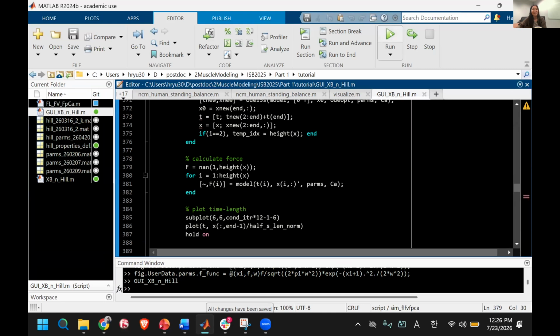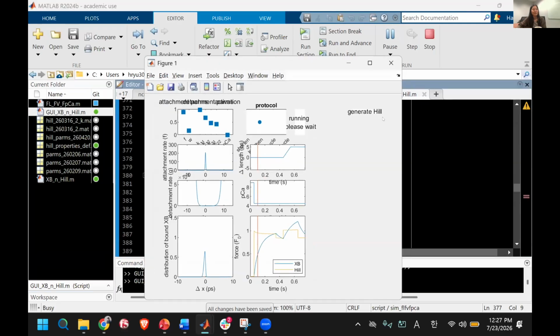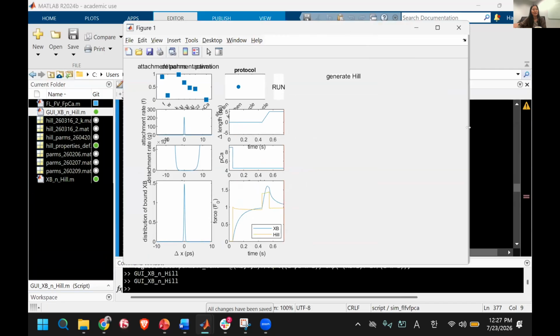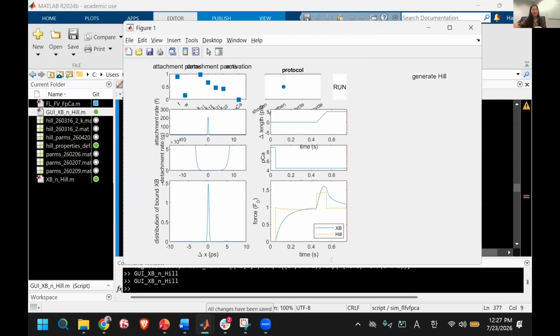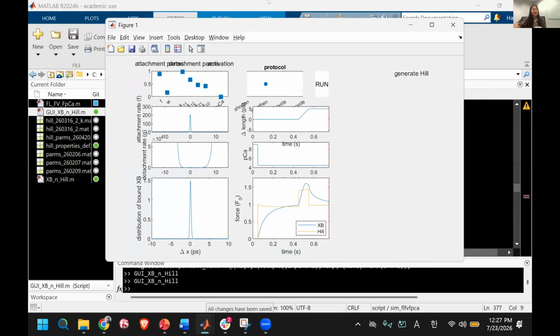All right. And then you can simply run it. It may take some time, but all right. Are we looking at my figure together or is it not shared? Yeah, we can see your figure.